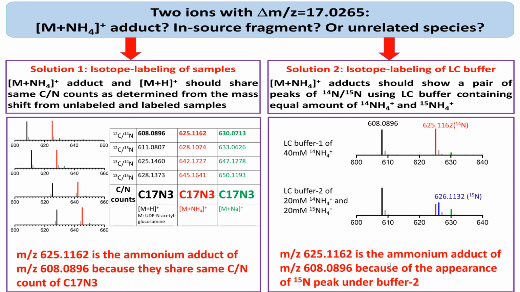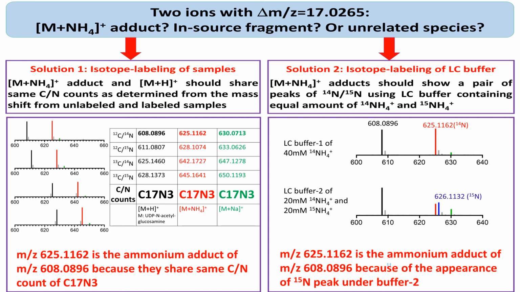The reason is that the ammonia and sodium come from the LC mobile phase, so they are not going to affect the labeling pattern. So in this case, we can confirm that this peak at 625 is an ammonia adduct of this peak at 608.